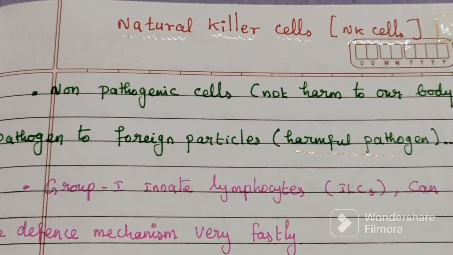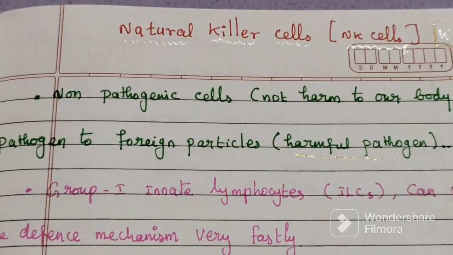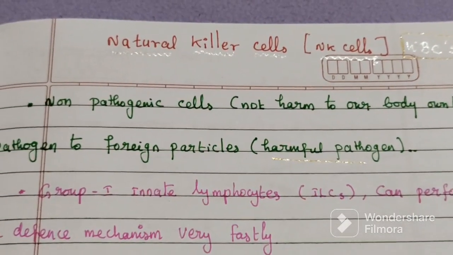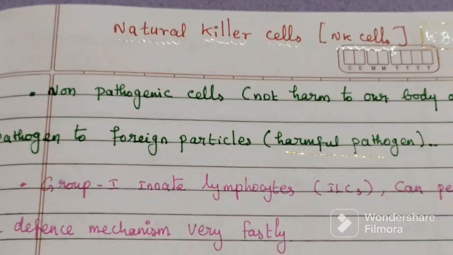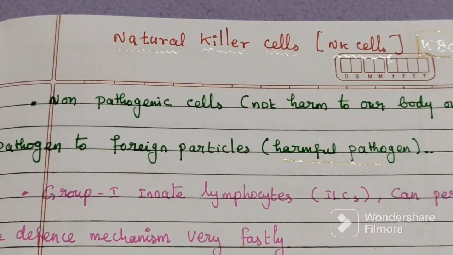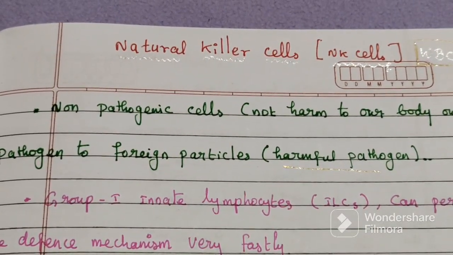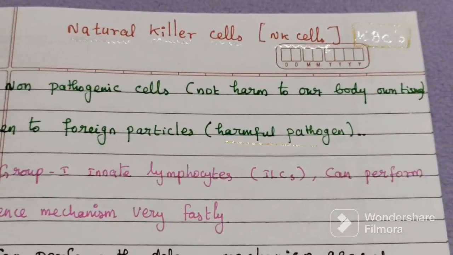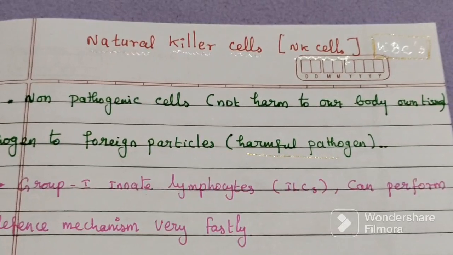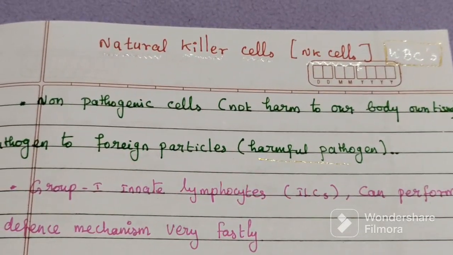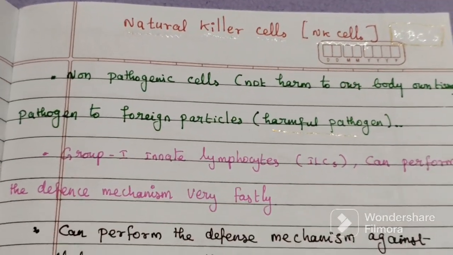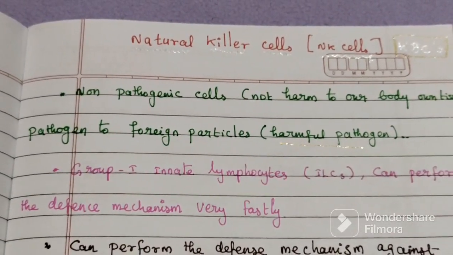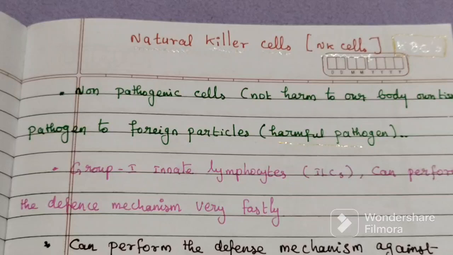The topic of discussion is the natural killer cell, or NK cell. They are non-pathogenic cells. Natural killer cells will not cause any harm to our body's own tissue, but they can damage cells that enter from the external environment and cause infection in our body.